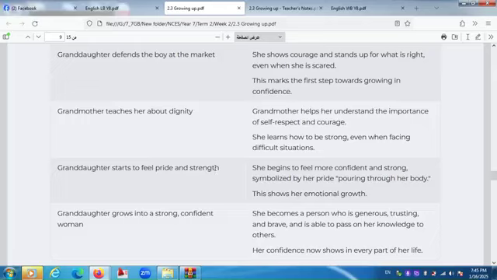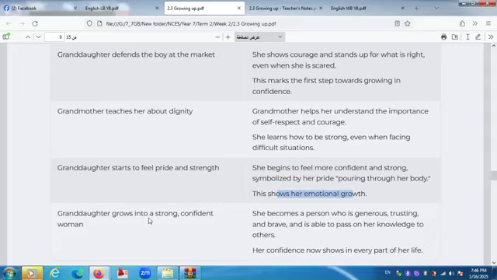She started to change from the inside to the outside. People forgot that she was the girl who was afraid. She begins to feel more confident and stronger, symbolizing her pride pouring through her body. This shows her emotional growth from inside. Okay?